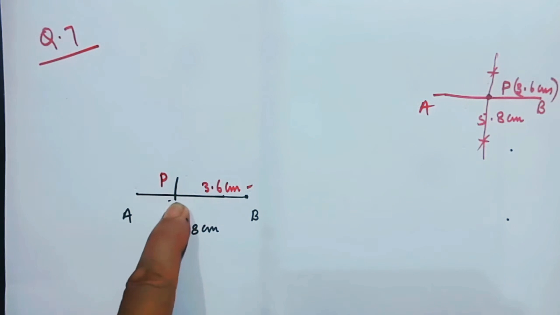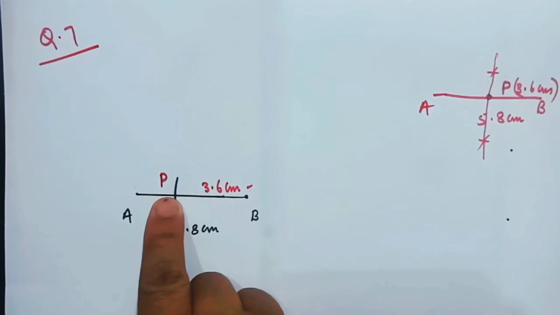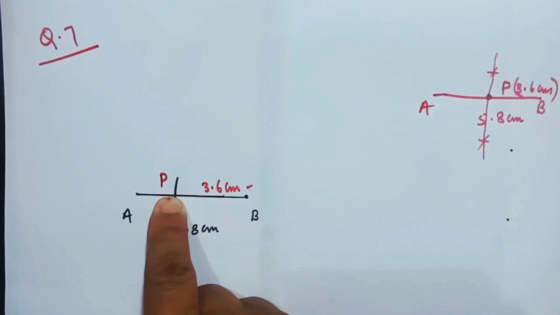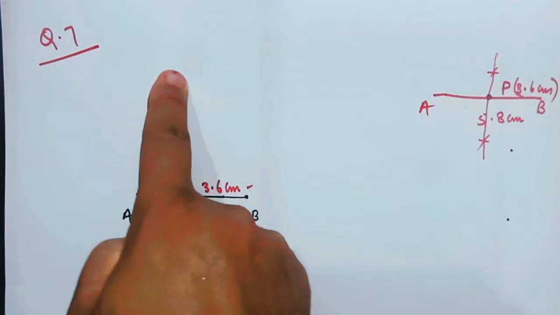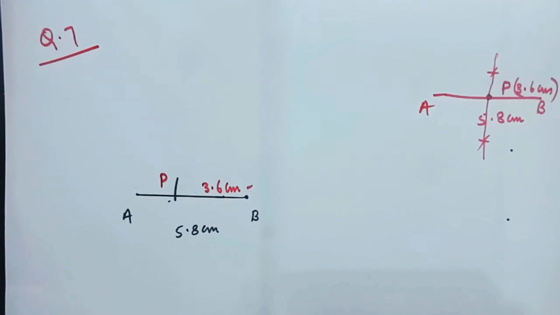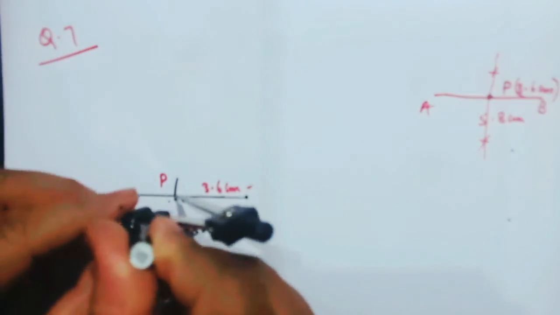Now at P we need to draw the perpendicular bisector. So how to construct a perpendicular bisector at point P? In order to construct the line passing through P, what we need to do is take a small arc. Now, have you seen a swing?